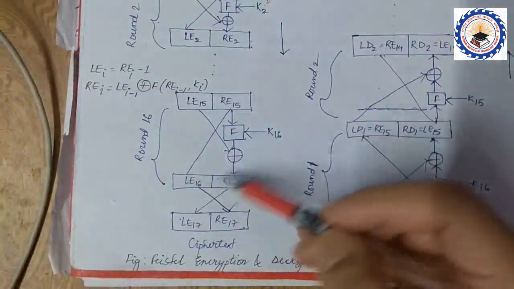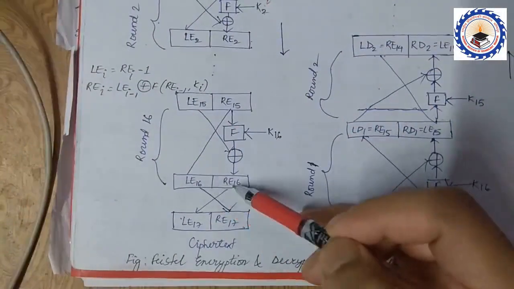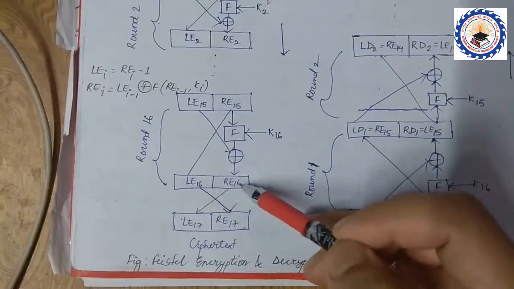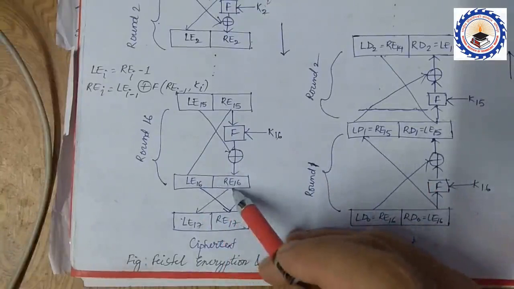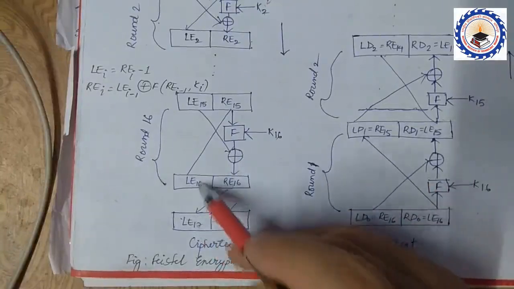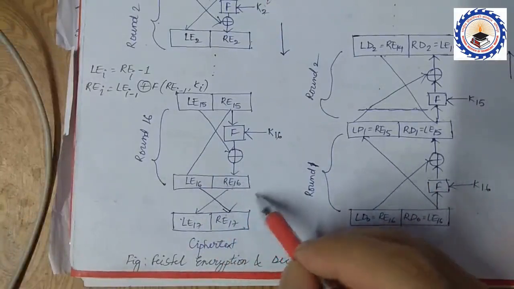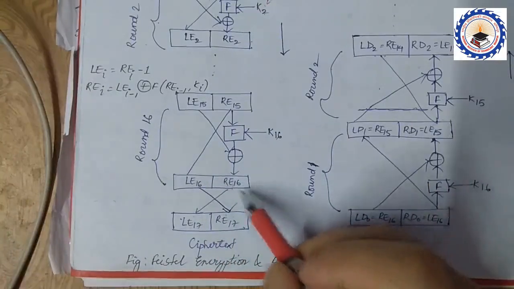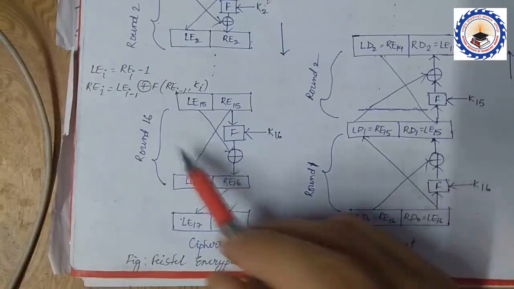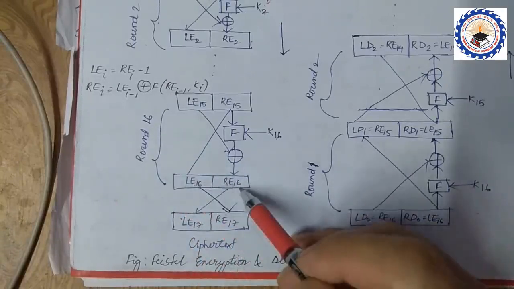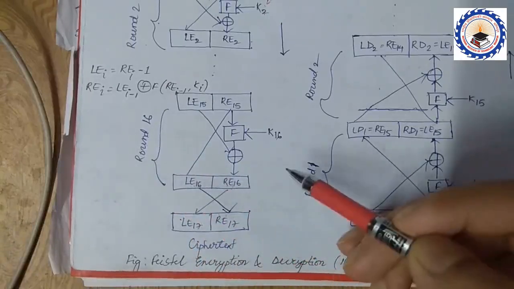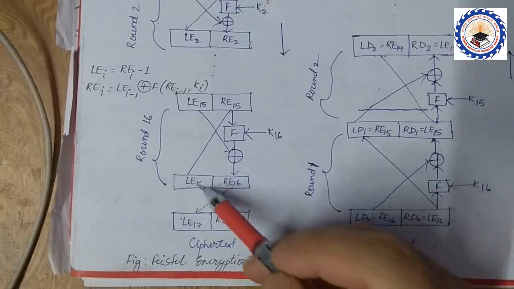At the 16th round, we got the result LE16 and RE16, but we cannot keep this as the result. We swap the values. We do not follow any further round here. After getting the result in the last, 16th round, when I want to write the ciphertext, I just swap the values.